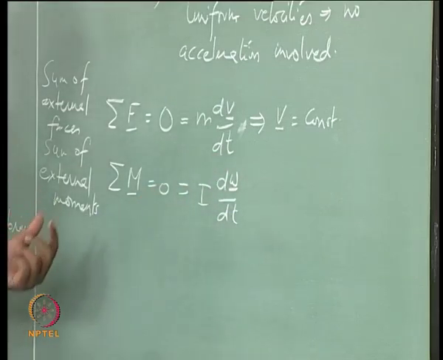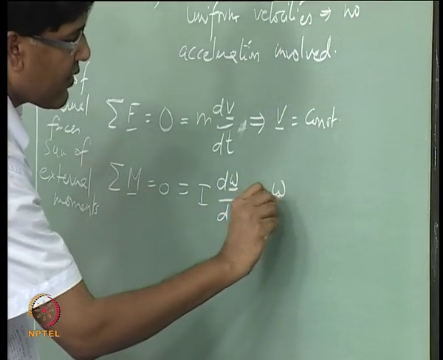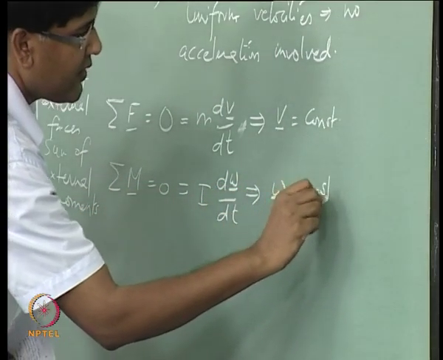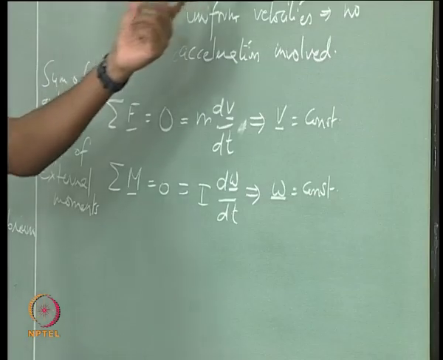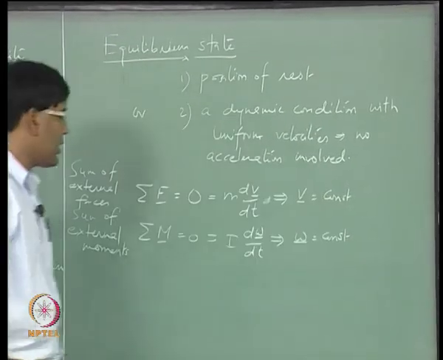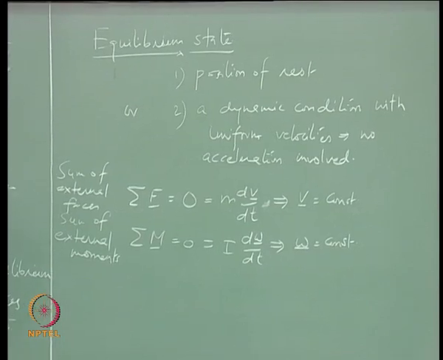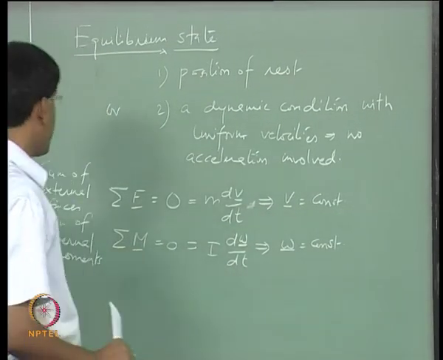So, if the sum of external moments are 0, then what we arrive at is this. So, a dynamic equilibrium condition will be represented by a uniform velocity that can be translational or angular.